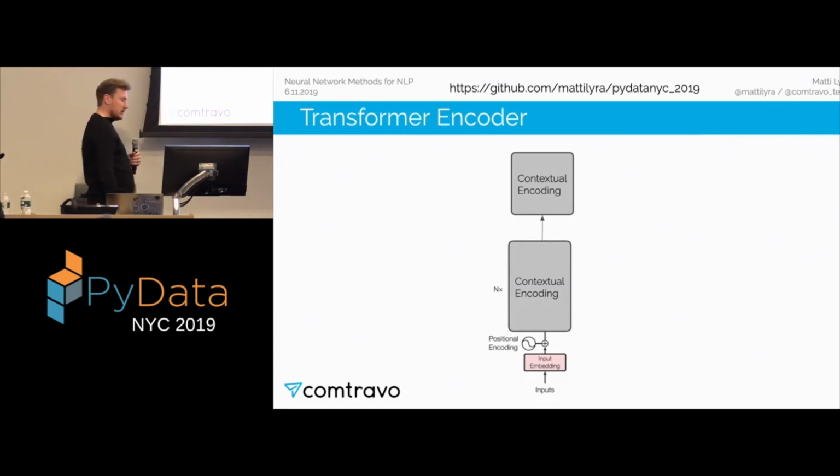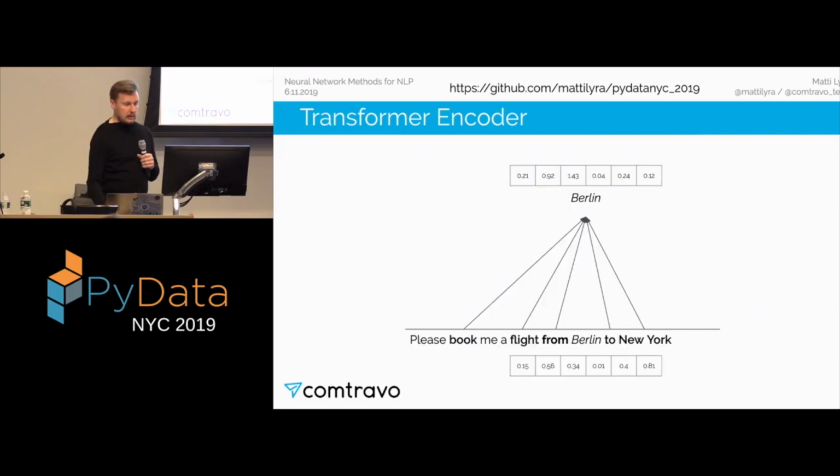So now the question is, how do we do the contextual encoding? This transformer architecture, these encoders that you saw before, are the things that do that contextual encoding. How do they do that? Well, this is roughly how they do that. We're interested again in the representation of Berlin. But now we want the representation of Berlin to include the context that we have here.